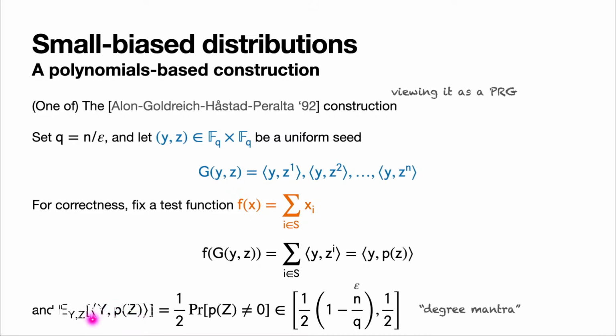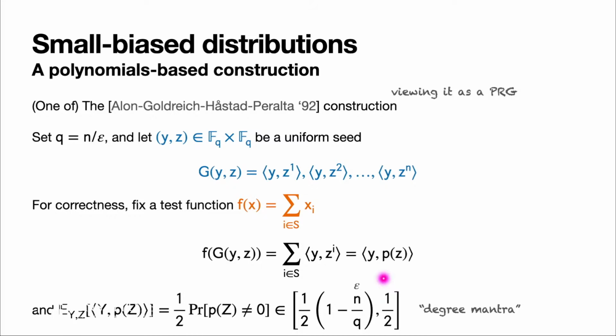So we have a y component and a z component. Now, if p of z is 0, we don't get anything, so the expectation is 0. If it's not, if you get any non-zero thing here, and y is uniform, so what's the expectation?